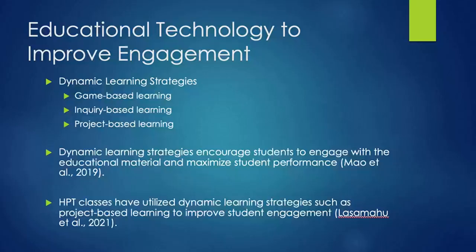So, as the students learn to use this project-based learning and these dynamic learning strategies, they are able to utilize this information and apply it to a future situation where they could employ dynamic learning strategies in the online classroom to encourage student engagement.